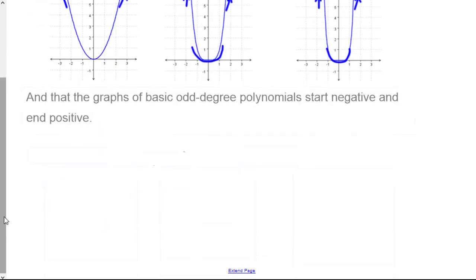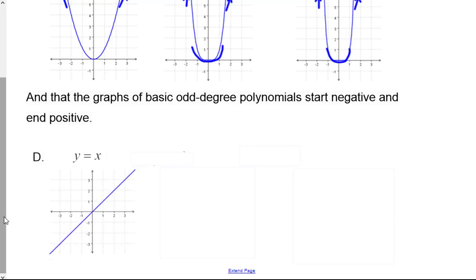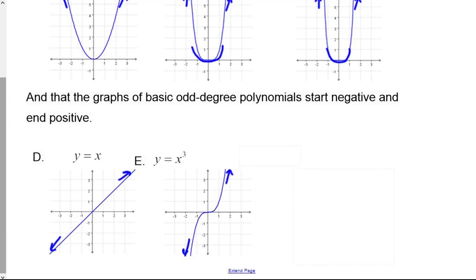Okay, if we look at graphs of odd degree polynomials, we'll notice that they all start negative and end positive. So for instance, y equals x. It starts from negative infinity and ends at positive infinity. Y equals x cubed, same thing. It starts from negative infinity, ends at positive infinity.